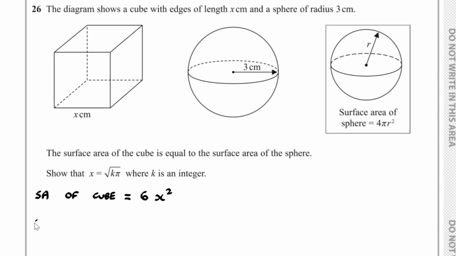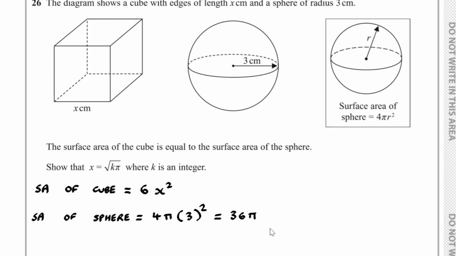We can now find out the surface area of the sphere. The surface area of the sphere, we've got 4 pi times the radius, which is 3, squared. And so therefore the surface area is 36 pi.